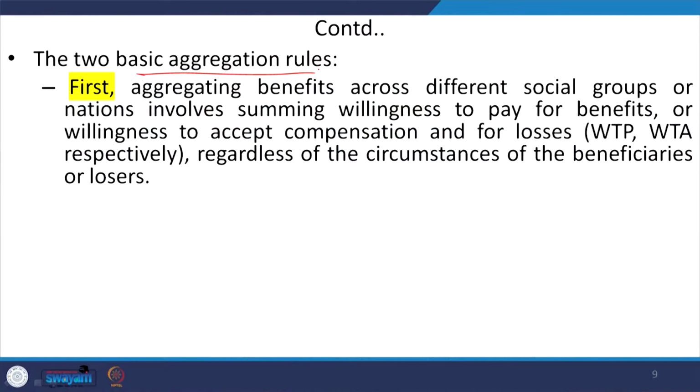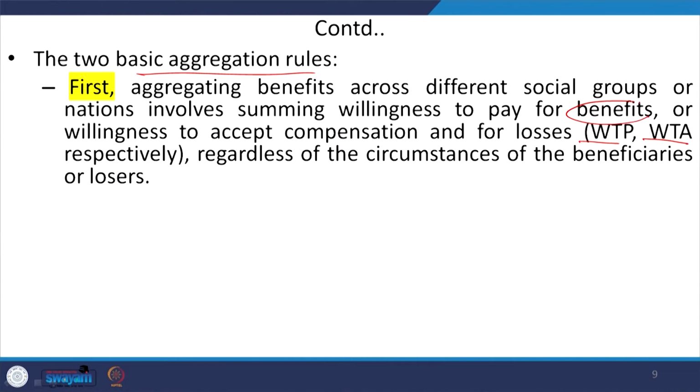The first is aggregating benefits across different social groups or social strata, where we sum up the willingness to pay for benefits or willingness to accept for compensation. So, we use these two concepts, willingness to pay and willingness to accept.